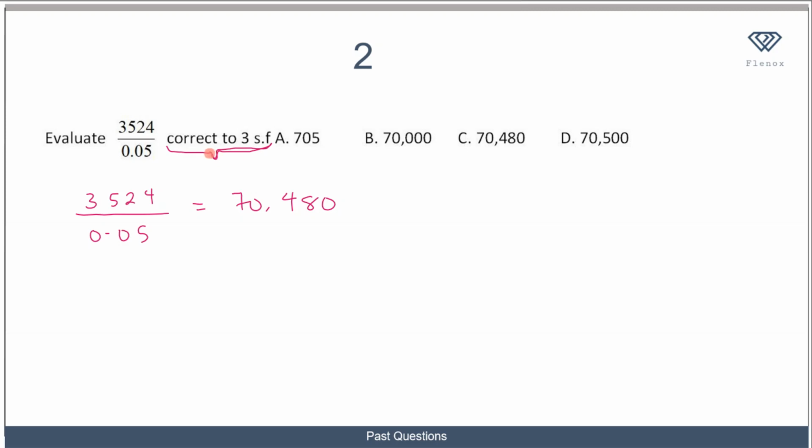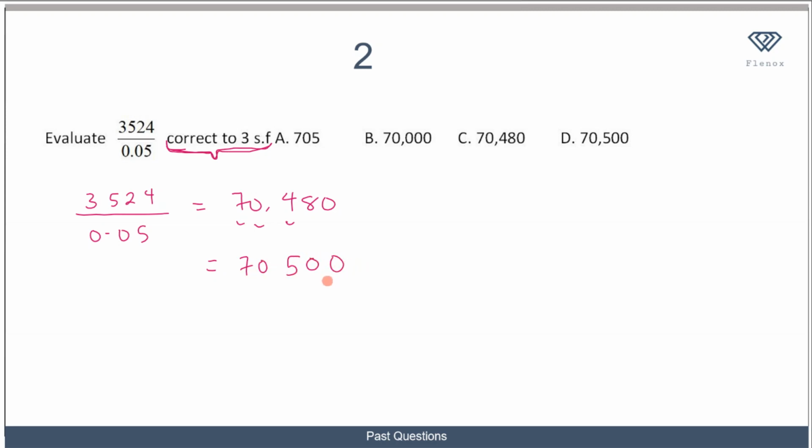Now we have talked about 3 significant figures, and we say the way you do that is by taking the first 3 numbers that are significant. In this case, we have 7, 0 and 4. So what is the next number? The next number is an 8, and 8 is greater than 4. So what do we do? We change this to 0 and round up by increasing the previous digit by 1.